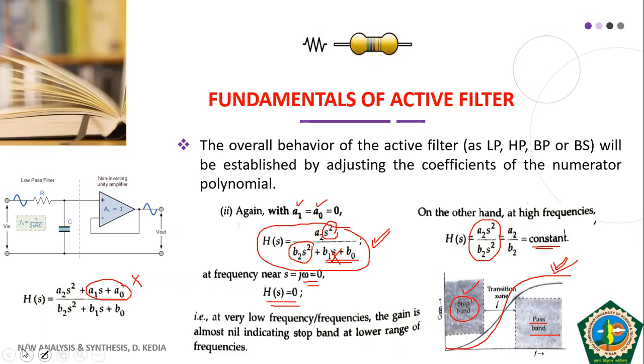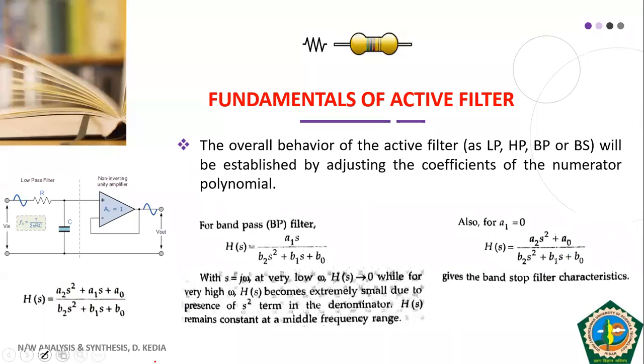Now, band pass filter. For the band pass filter, we take a1, and we take a naught as 0 and a2 as 0. If we do that, then we get the active band pass filter. When we have very low frequency, H(s) will be 0. When we have very high frequency, the denominator will be very high and again H(s) will be 0.